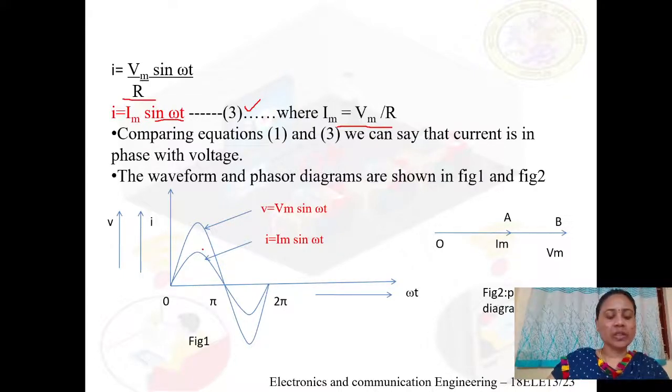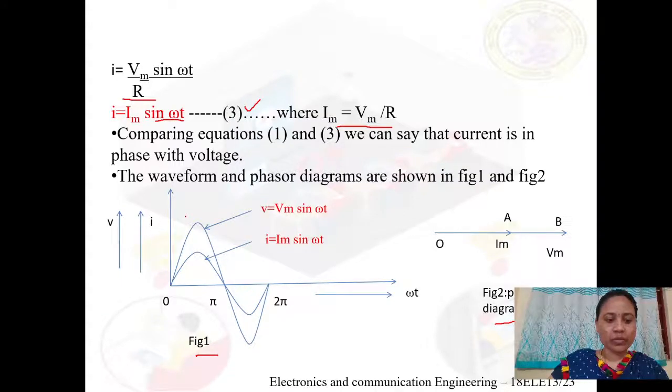So this is what in phase means. The waveform for voltage and current we can express like this in figure 1, and the phasor diagram for voltage and current is shown in figure 2.